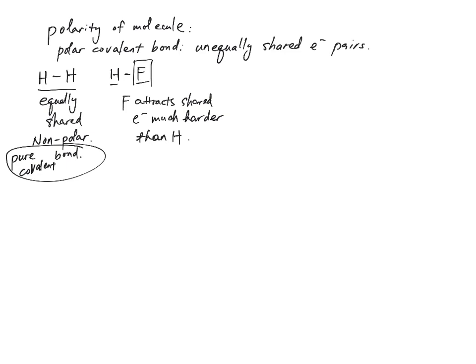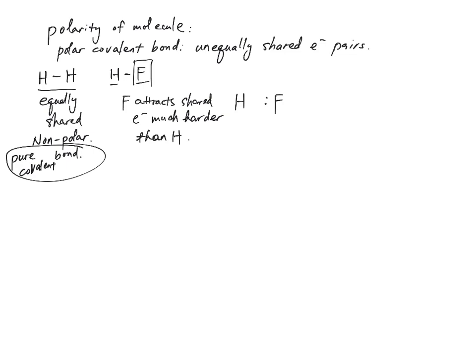So when these two are sharing, there would be an imbalance of the electron cloud between the two atoms. They are sharing a pair of electrons, but that pair of electrons is going to be so much closer to the fluorine nucleus than it is to the hydrogen nucleus.